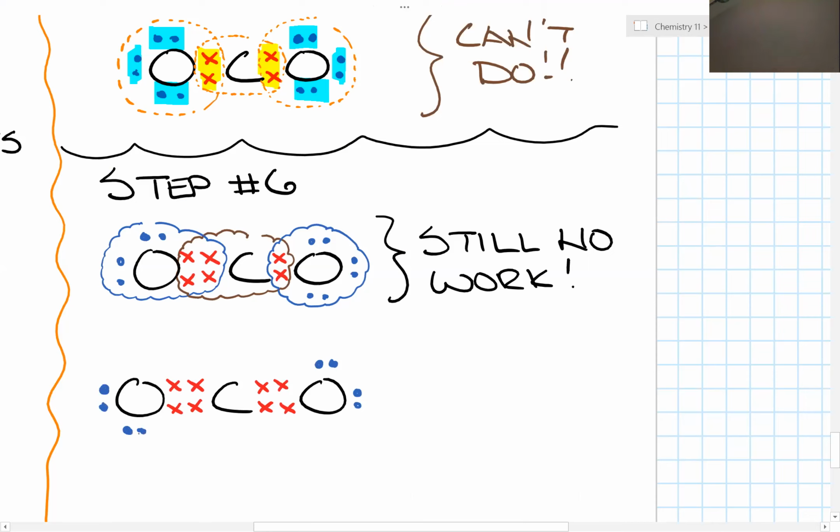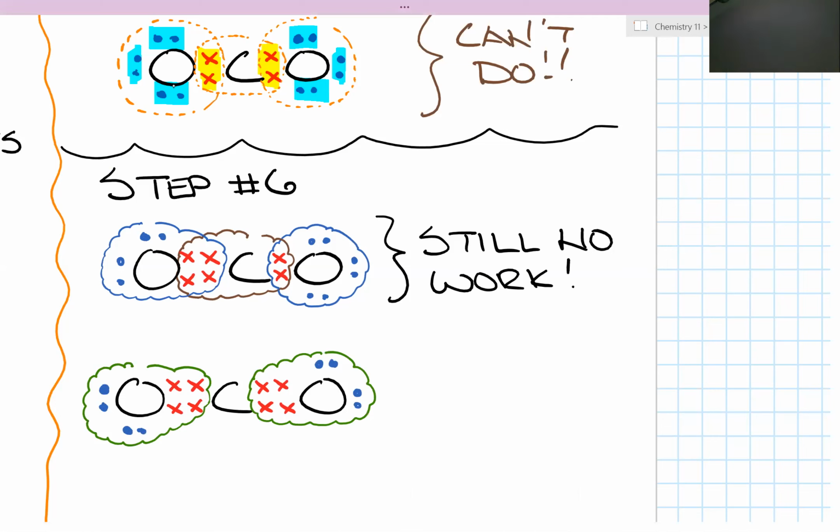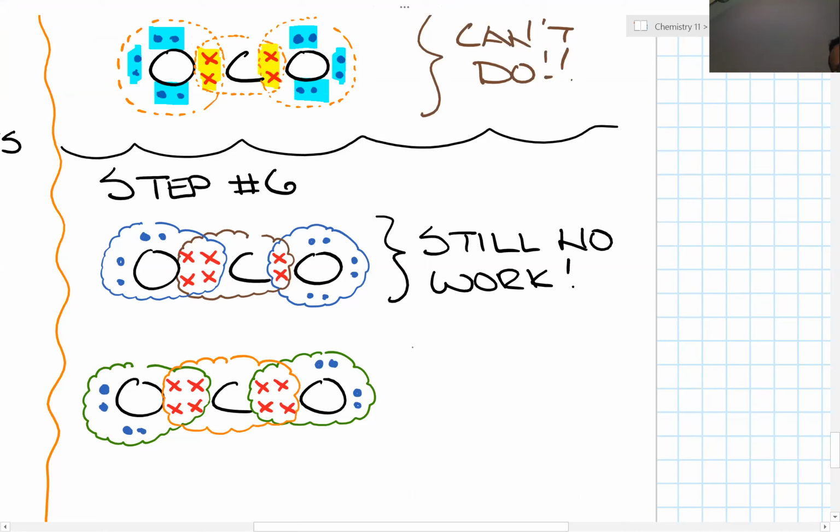Doesn't matter where I put the lone pairs on the oxygen? No. But if we were to check, notice there's 8 electrons around this oxygen. We have 8 electrons around this oxygen. And notice for this carbon, we have 8 electrons. Yay.